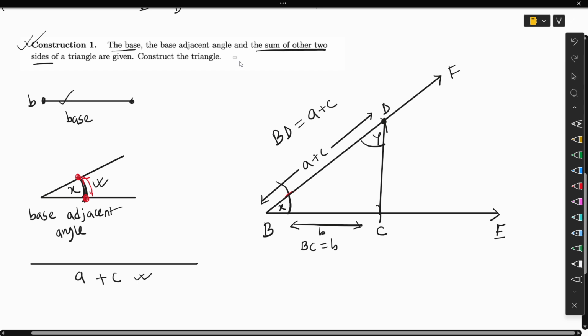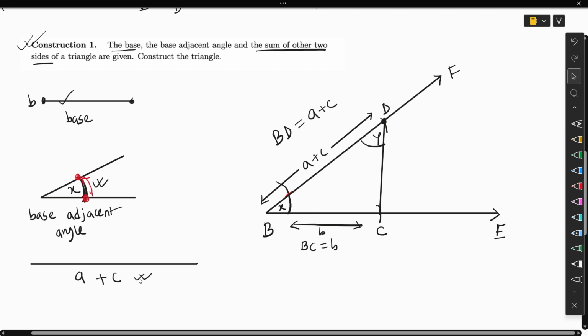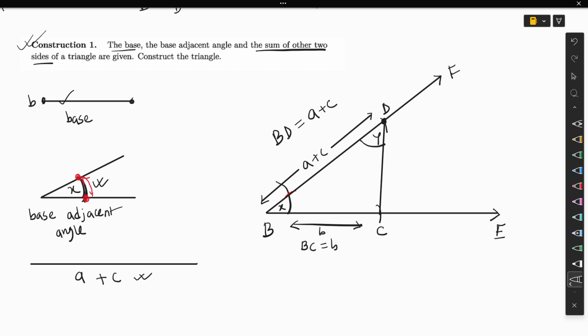First I'm going to copy this because I'm going to need it again. We will copy this Y angle and draw this Y angle with this line like this, so this angle will become Y. You guys know how to draw an angle, I hope.